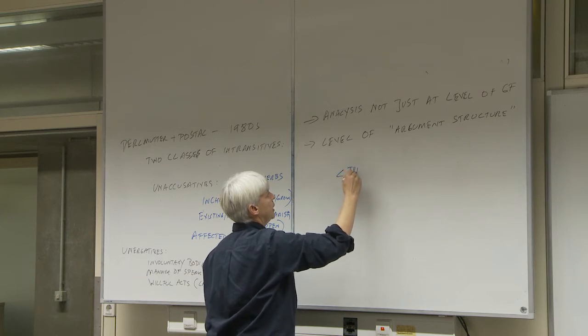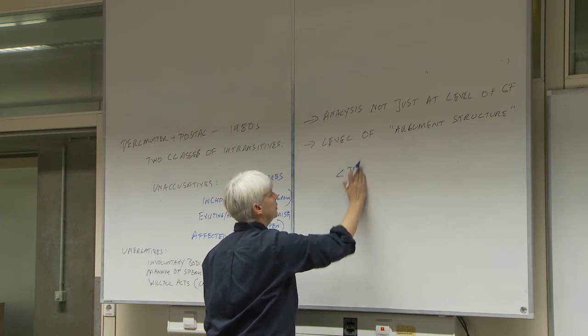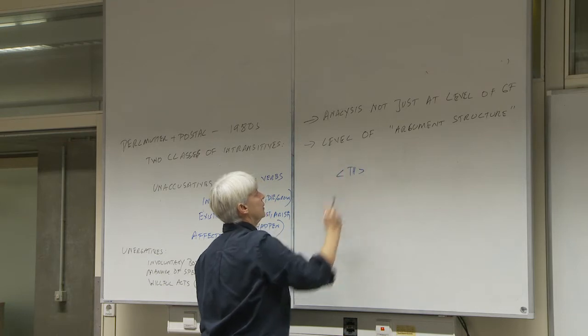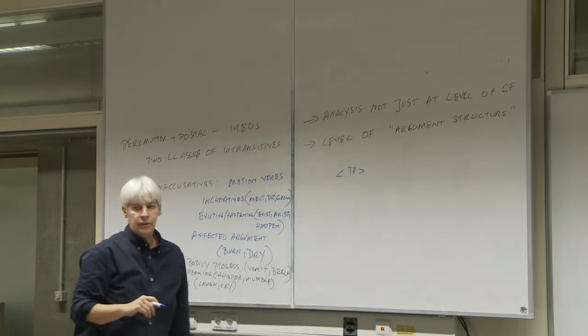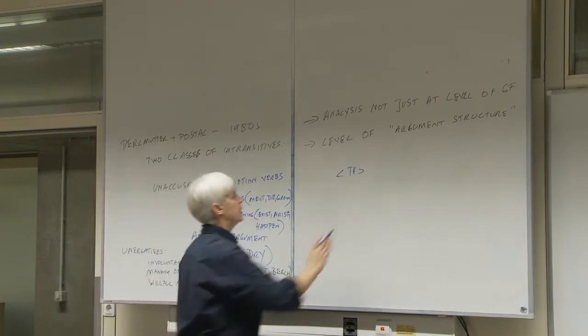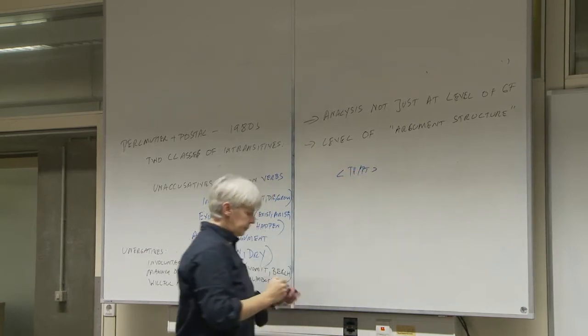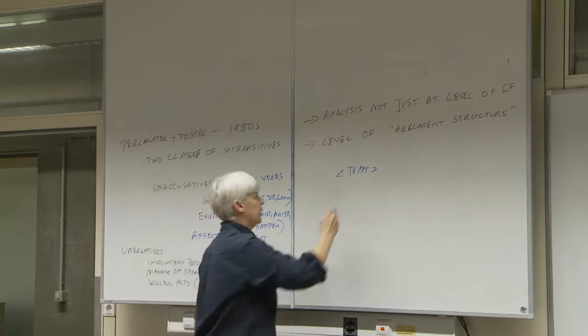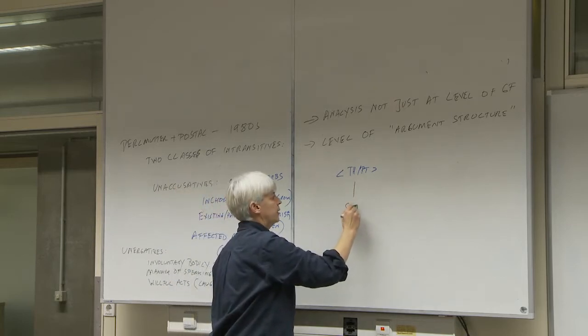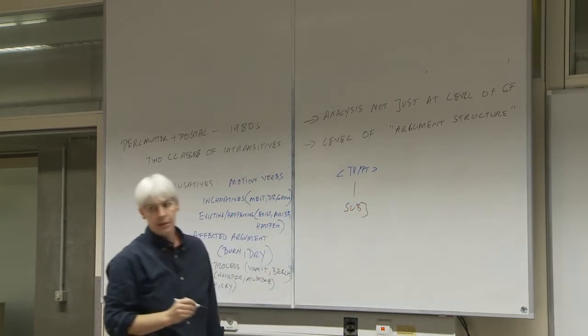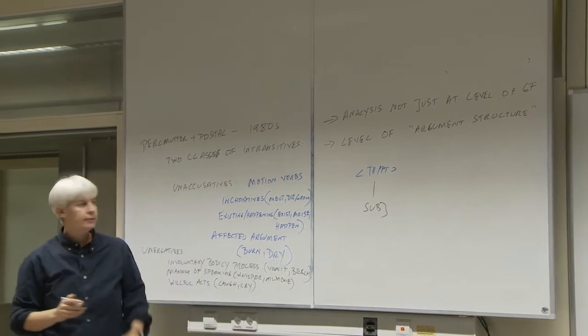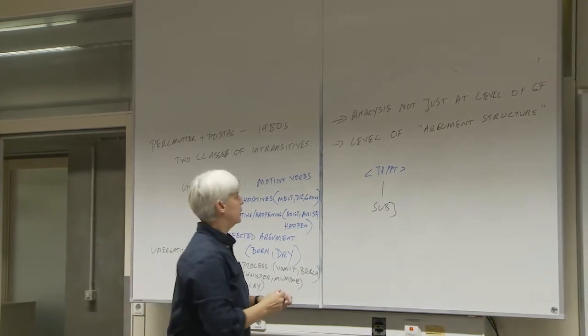Unaccusatives, for example, will have a theme argument. TH stands for theme, or you could have a patient argument. PT stands for patient. And this is related, or in LFG terms, linked to a subject argument. It's the only argument there, so it'll be linked to a subject argument.